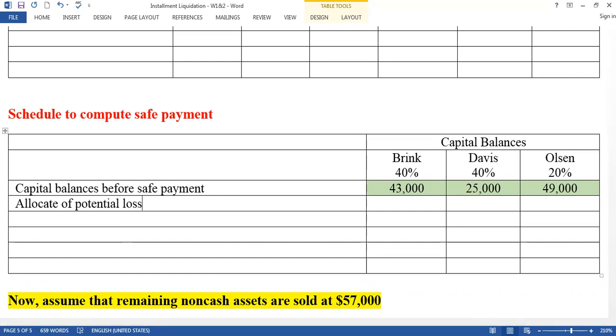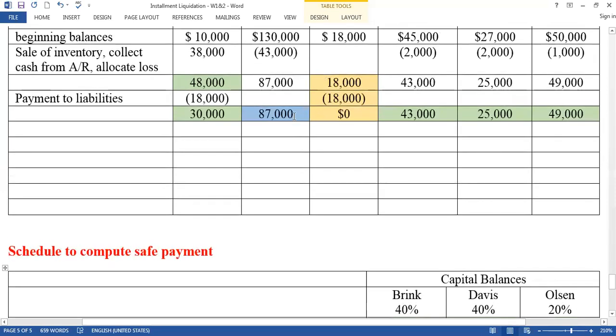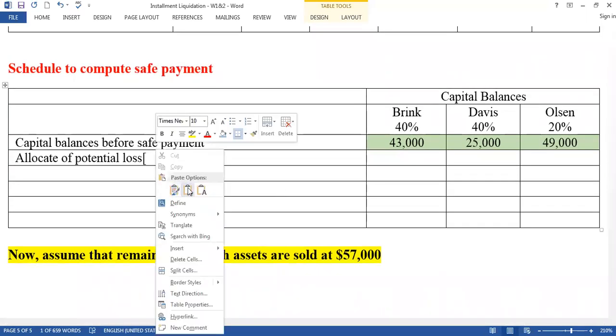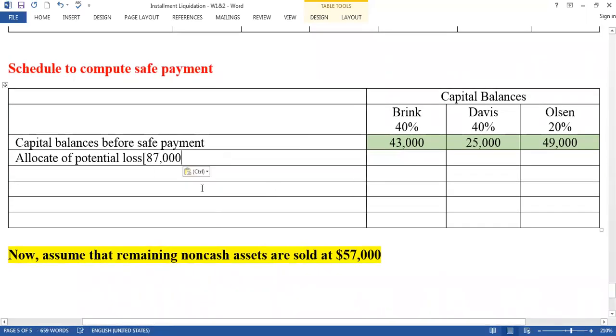And how much is the potential loss? We assume that the entire remaining amount is the potential loss, and this loss is going to be allocated 40, 40, and 20, right? We assume that this 87,000 is the potential loss, just an assumption, and we are going to allocate this loss here.